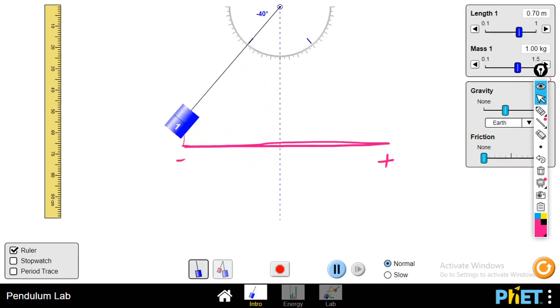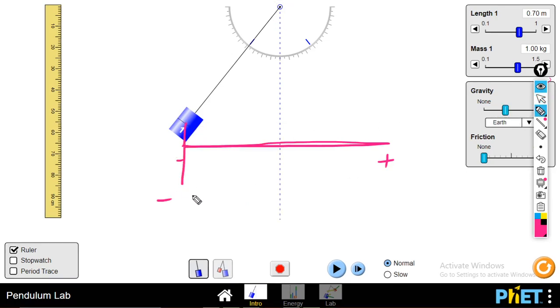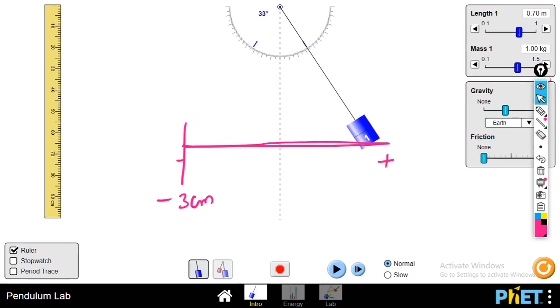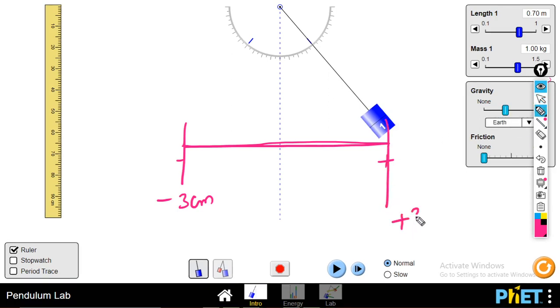If I take this mass here, and the mass starts to move back and forth, this we define as SHM. At this highest point, the position is minus 3 centimeter, and at the other side, at this highest point, it is plus 3 centimeter.